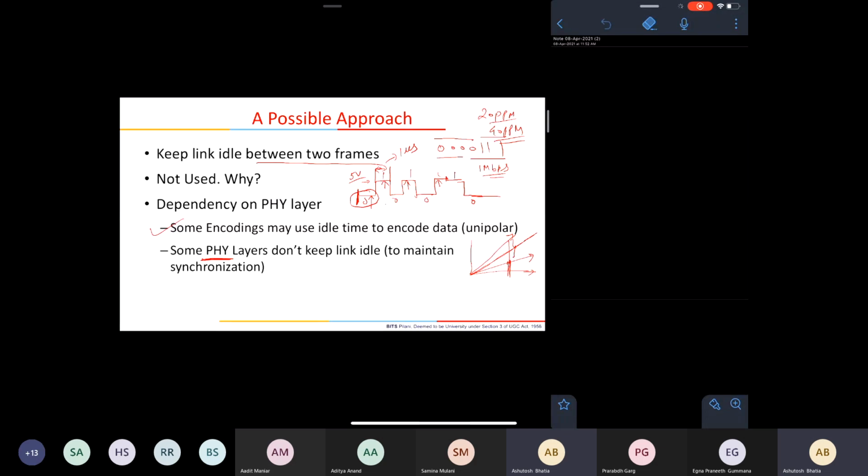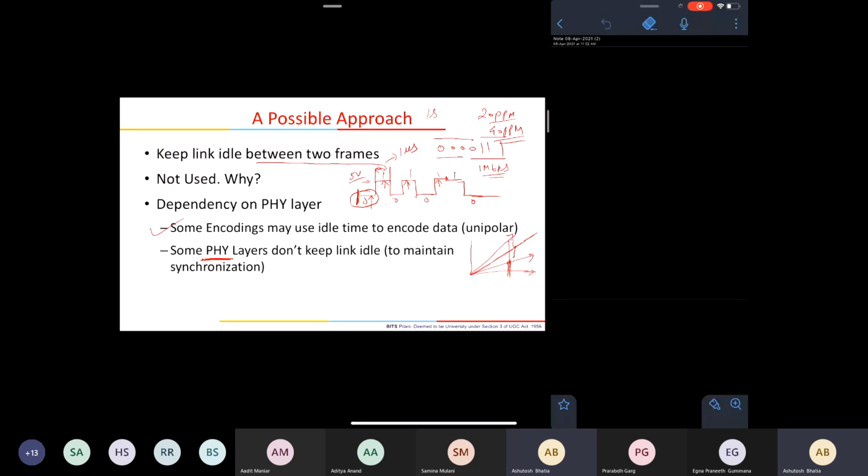So if you have two devices, in 1 second they can differ by 40 microseconds. If you are working at 1 microsecond bit level, after 1 second they will think different times, so they will lose synchronization.